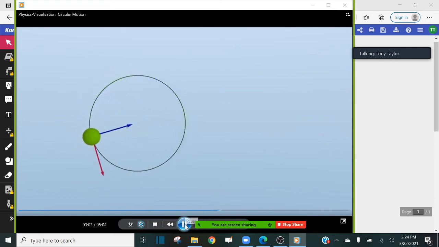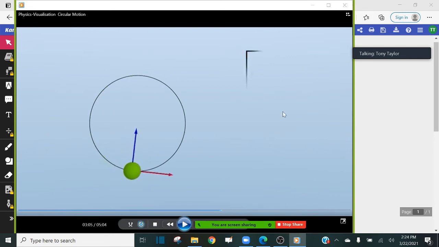And guys, I want y'all to think logically about why that is. Think about this for a second. Anytime an object is moving in a circle, it is always true that the force acting on that object is pointed toward the center. That's why we say the acceleration vector always points toward the center, because force is what causes acceleration.